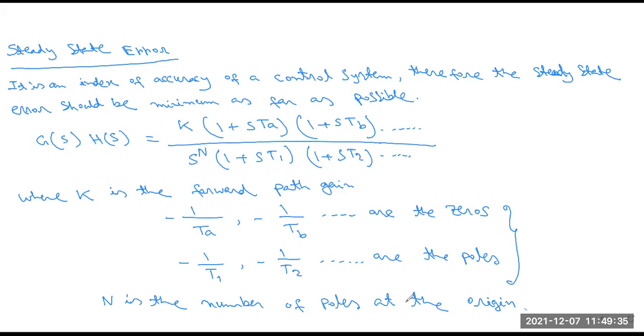N is the number of poles present at the origin. Okay, this is clear, all of you?